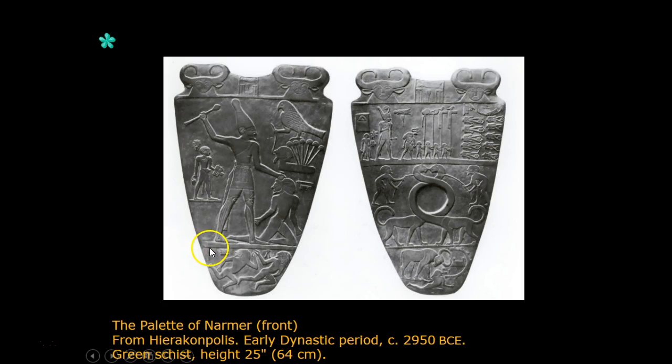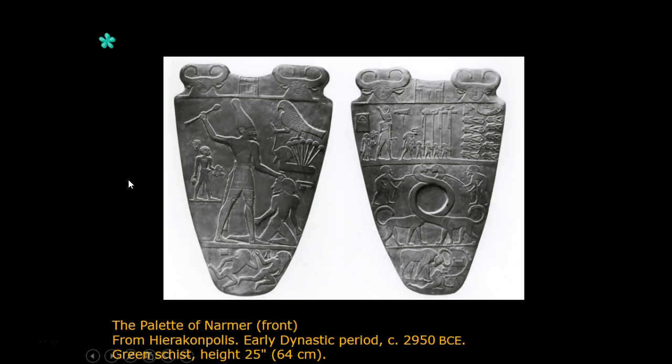Again, he appears on the other side of the palette, and you can see here he's wearing the crown of Lower Egypt. So here the sandal bearer is depicted on his own ground line. He's smaller, so he's less important than Narmer, but he's also holding the king's sandal. So that's a pretty important servant's position. So he is depicted in composite view.